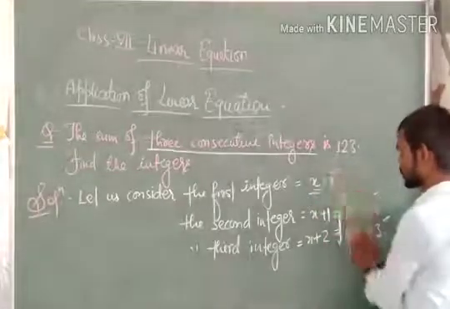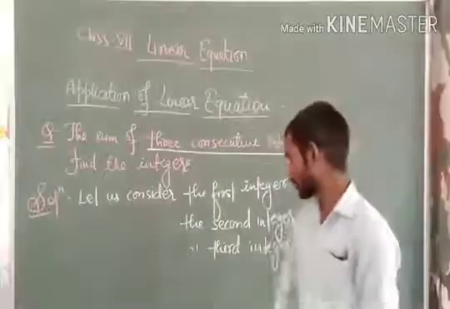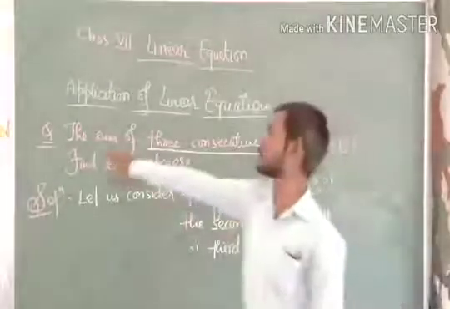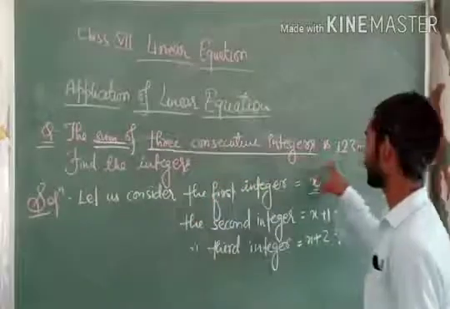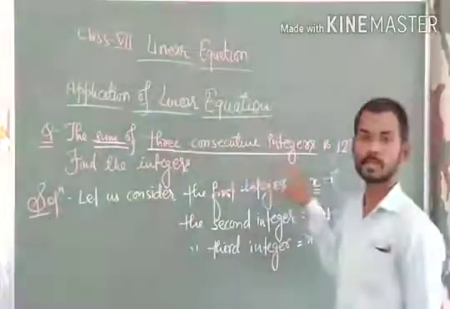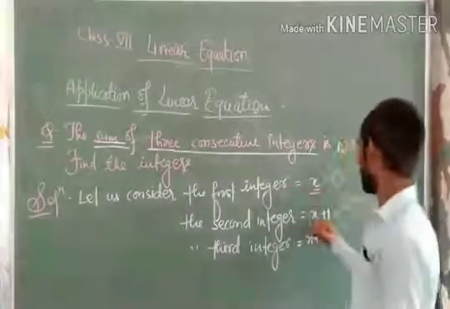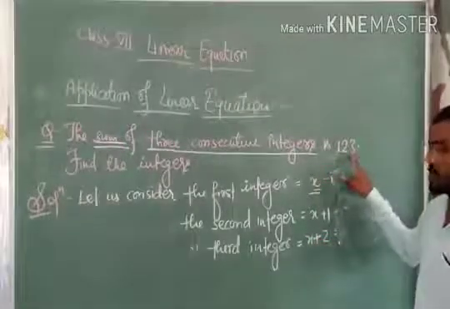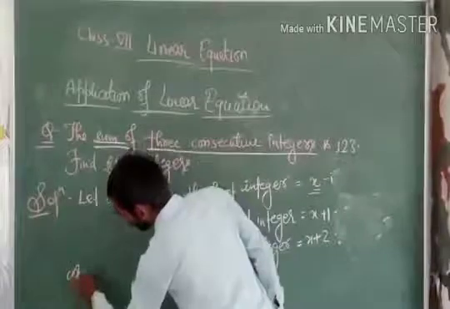So let us start forming the linear equation. As the question is saying the sum of three consecutive integers, sum of three consecutive integers means here we have to add x, x plus 1, x plus 2, and that is equal to 123. So we write according to the question.